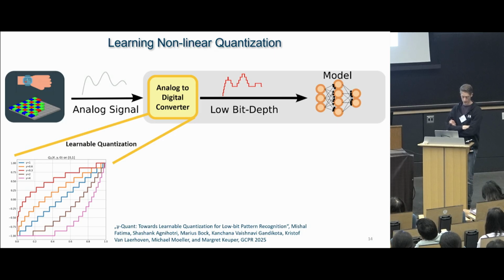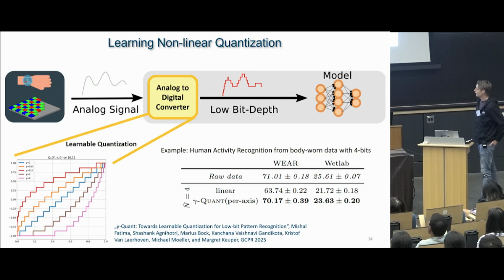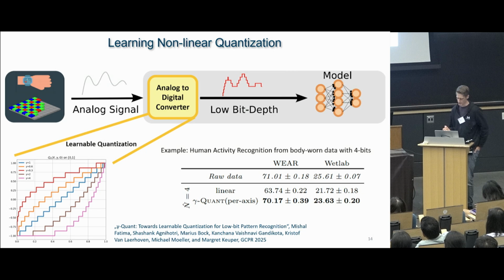So we parameterized it in a specific way and optimized it in various different applications, again demonstrating that specifically at low bit depths you can get significant advantages in, for instance, here is even a non-imaging technique in human activity recognition from body-worn data, but we also demonstrated this on semantic segmentation again, or object detection in imaging cases.